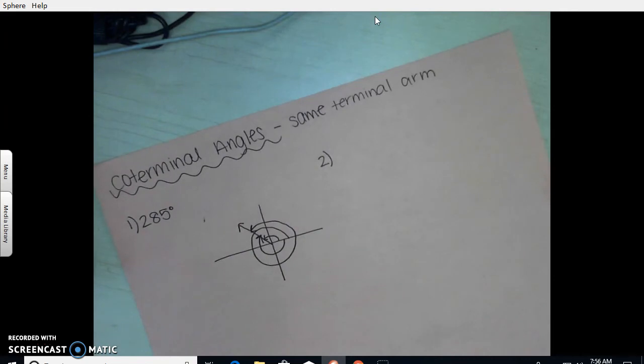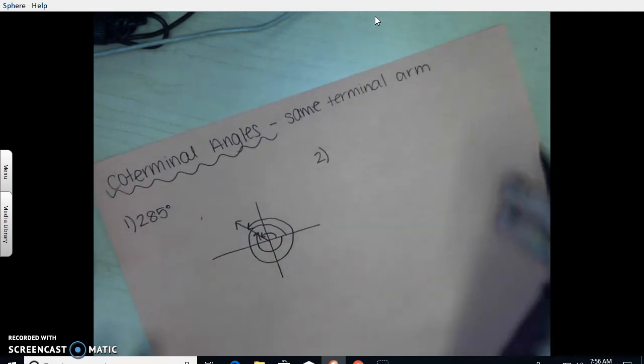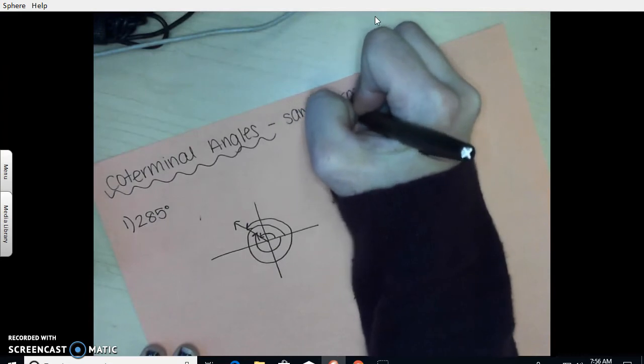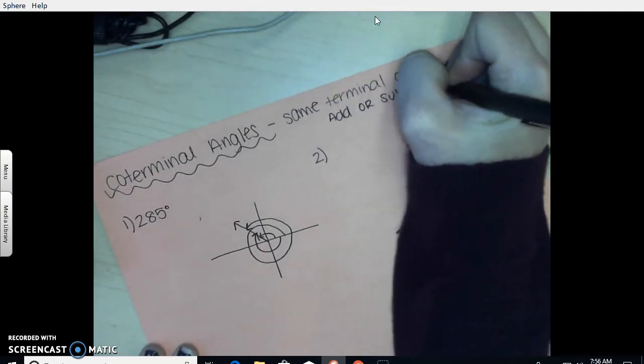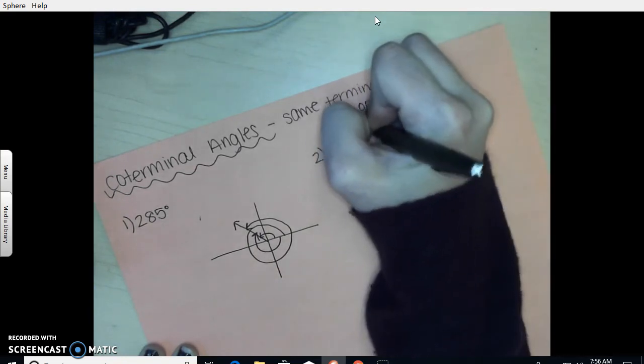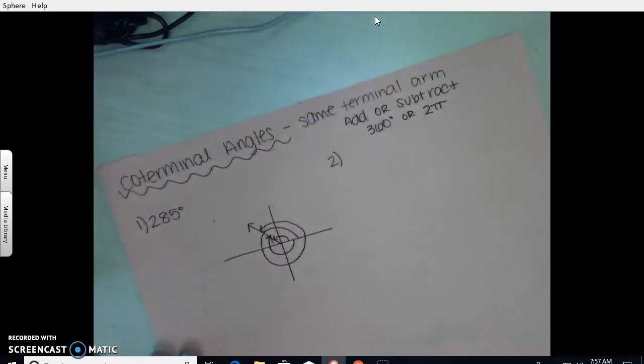So we can have angle measurements that are greater than or less than 2 pi and 360. So in order to find coterminal angles, we are going to add or subtract 360 degrees or 2 pi.